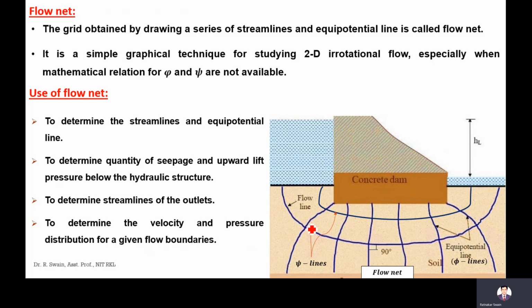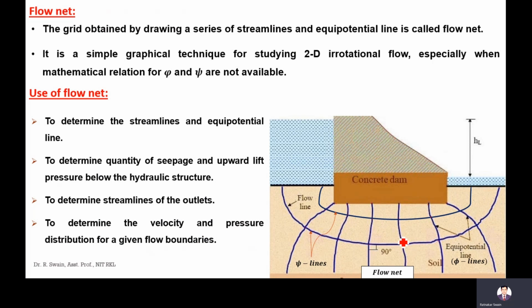Here, if you join the points of equal head, that means the points of equal potential head, equal phi value, you will get the equipotential lines. They are called phi lines.